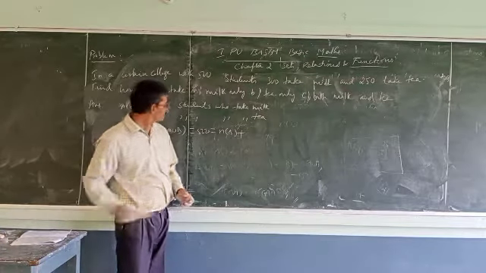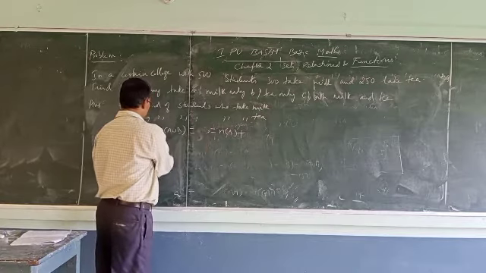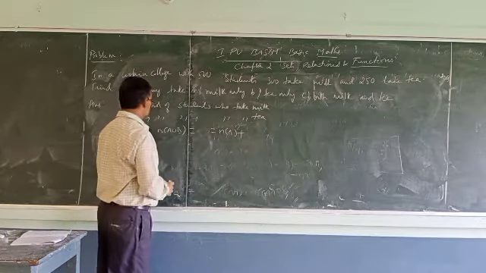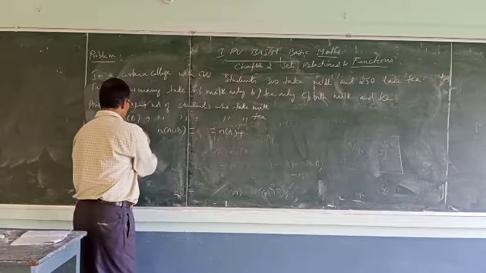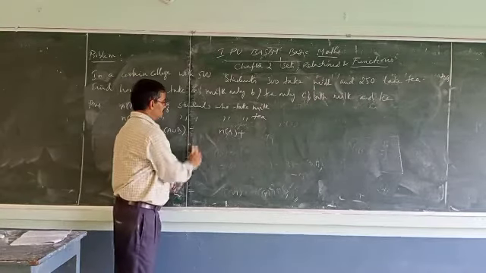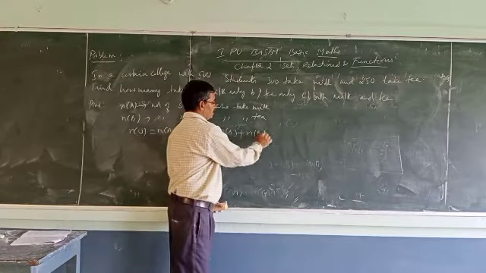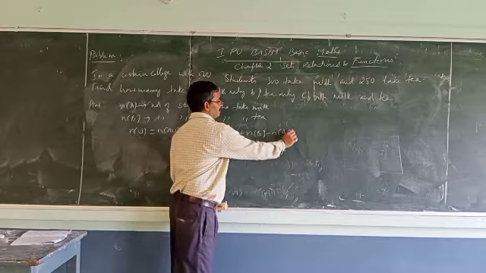I'll write the formula first. N of A union B equals N of A plus N of B minus N of A intersection B.